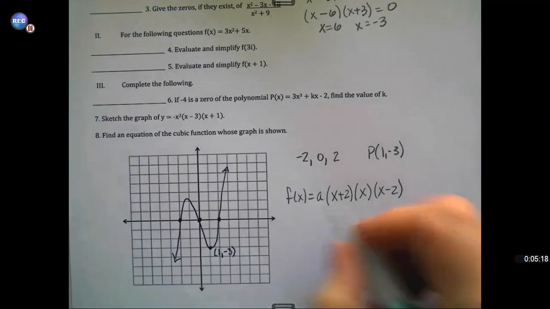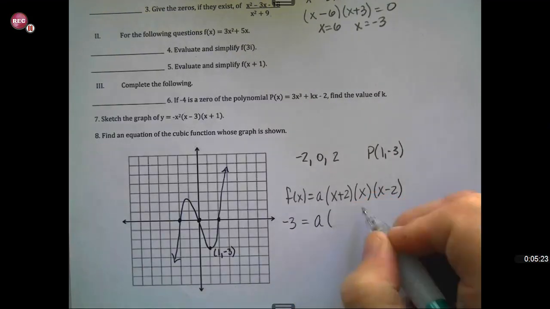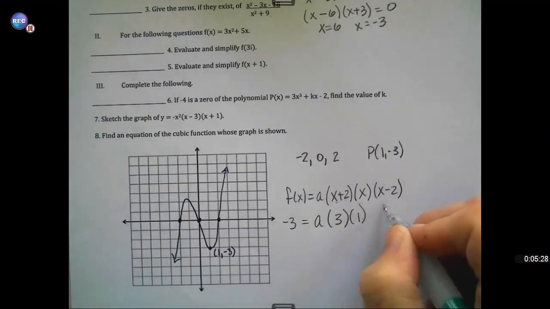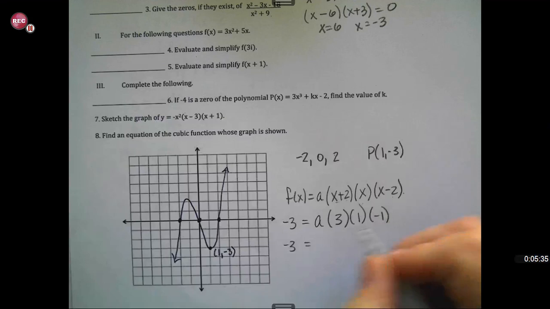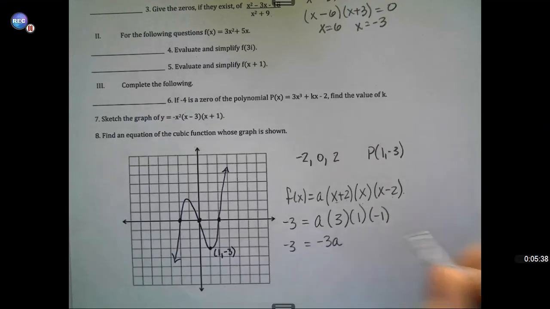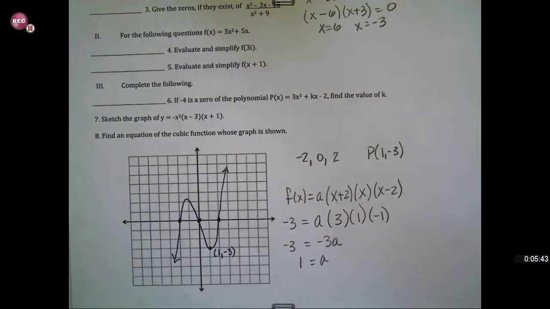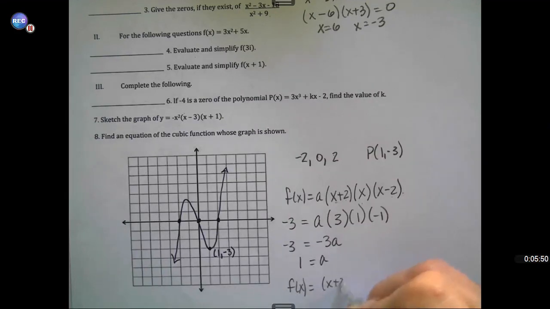And then I plug in negative 3 here: equals a times 1 plus 2 is 3, times 1, and 1 minus 2 is negative 1. So negative 3 equals, I certainly did not intend for that to happen, but negative 3 equals negative 3a. Therefore, a is 1. Therefore, f of x is x plus 2 times x minus 2.